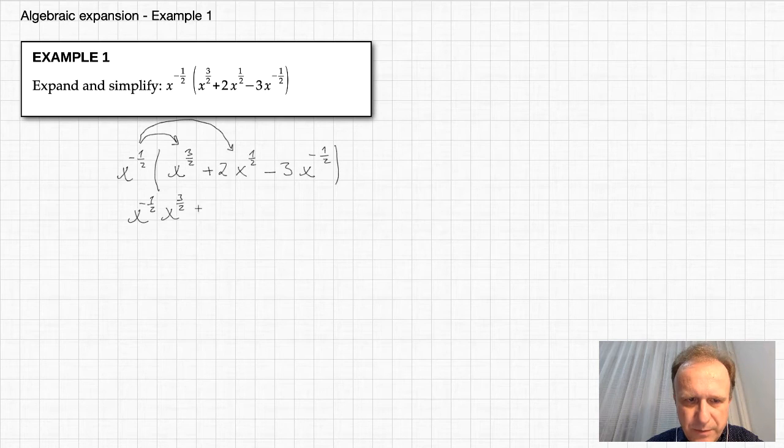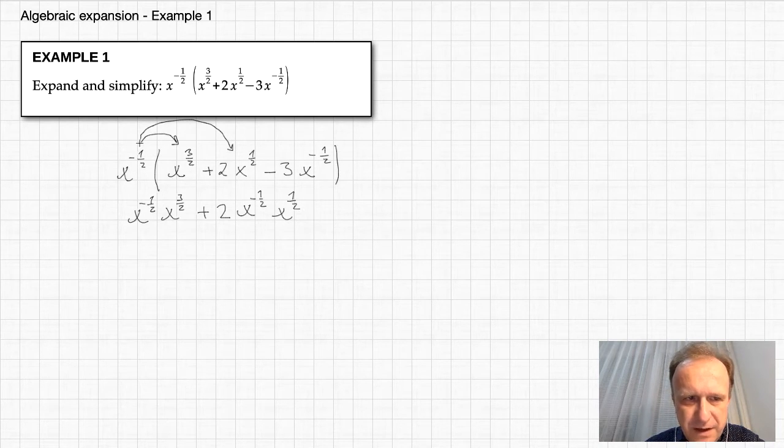So what I end up with is plus 2 times x to the power of negative 1/2 times, actually there is the minus here, so let me correct it. So there is negative 1/2 times x to the power of positive 1/2. So this is the result of multiplying this factor in front with the middle term.